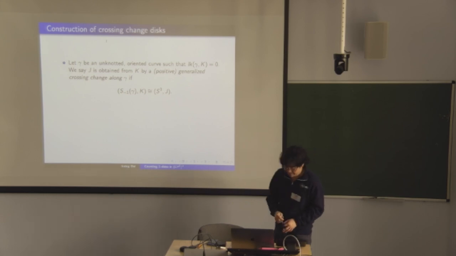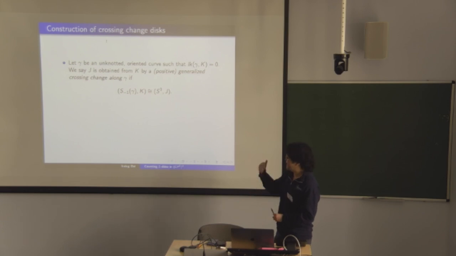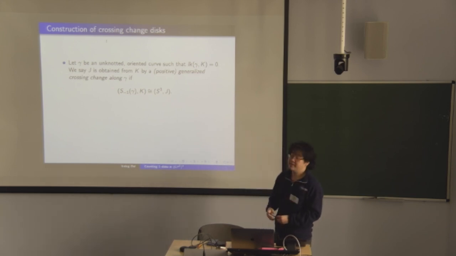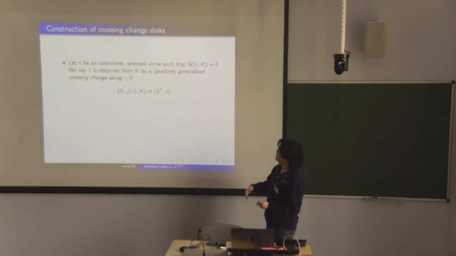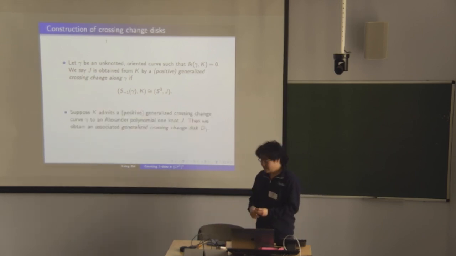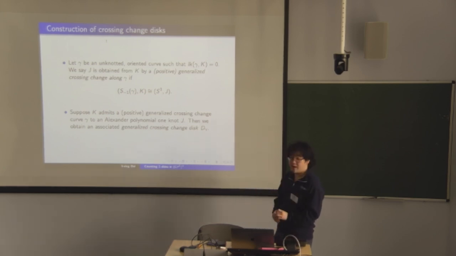More precisely, I'll say that J is obtained from K by a positive generalized crossing change along some curve gamma if I do -1 surgery on gamma, and upon identifying -1 surgery on this curve gamma with S3, I get the knot J. Here gamma is an unknotted oriented curve with 0 algebraic linking with K. Suppose that K admits such a crossing change curve to an Alexander polynomial 1 knot J. Then I claim that we obtain an associated crossing change disk, which I'll denote by D sub gamma, inside of CP2.